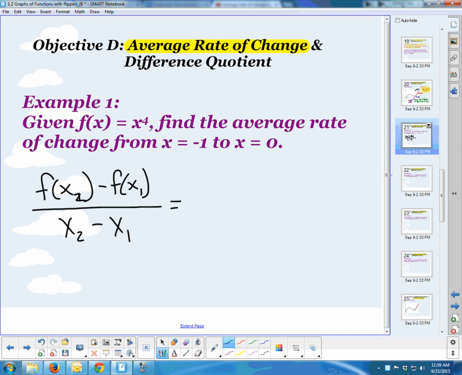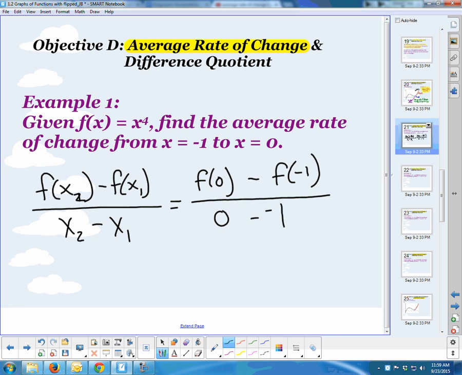So f of x sub 2, my second x is 0, so that's f of 0, minus f of x sub 1, my first x was negative 1, over x sub 2, my second x is 0, minus x sub 1 minus negative 1. So I've made my substitutions.